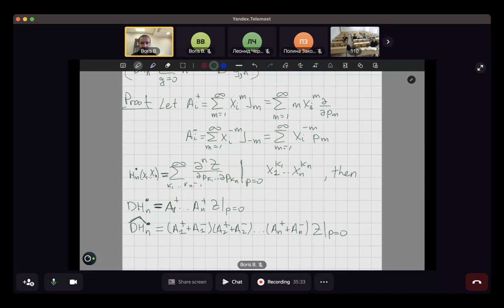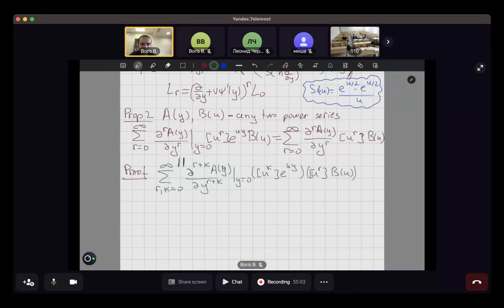Хорошо? То есть я просто беру по отдельности не коэффициент произведения, я по отдельности у каждого множителя беру коэффициент. Дальше суммирую по всем таким взятиям. Хорошо? Так.